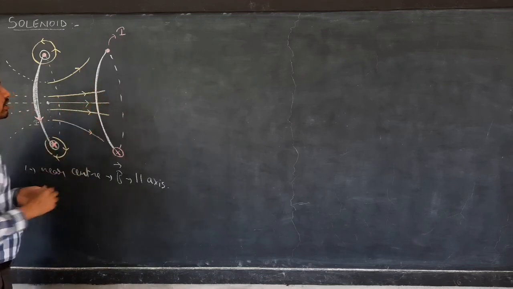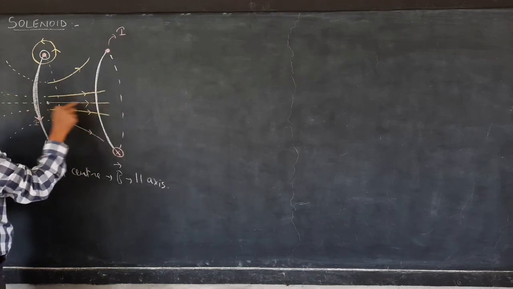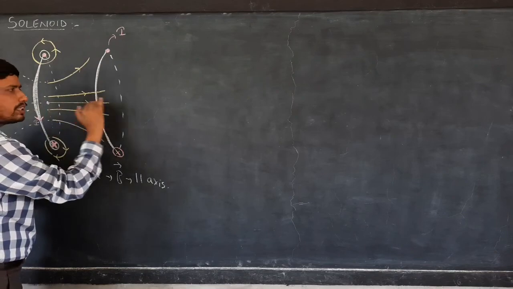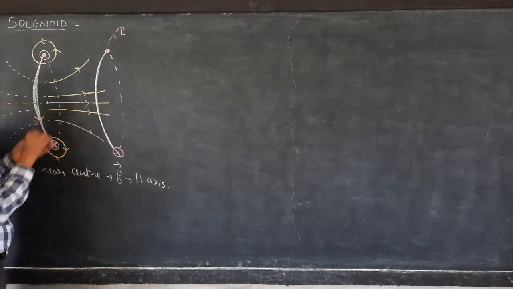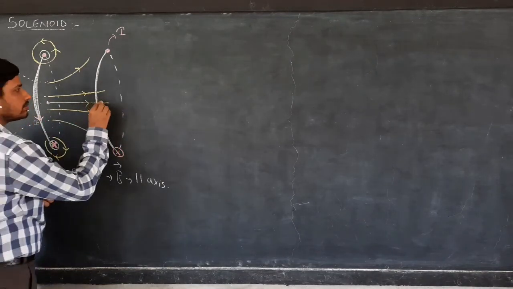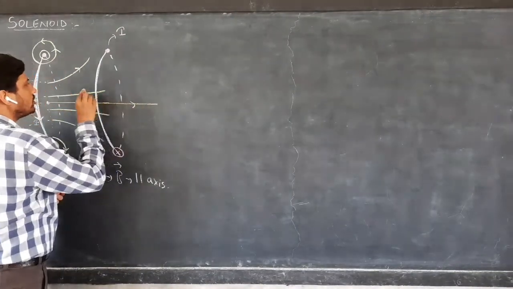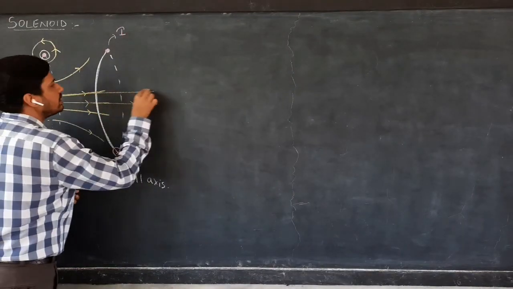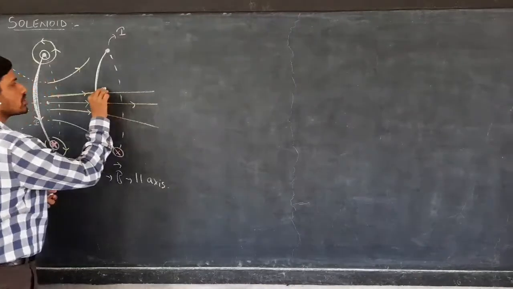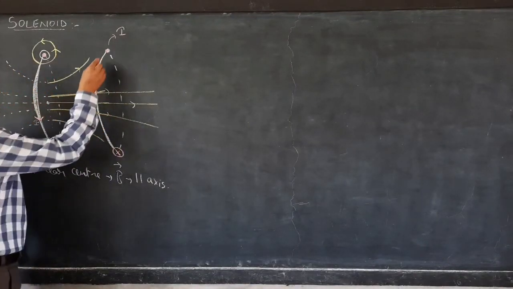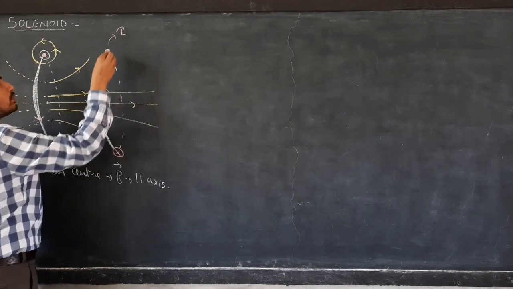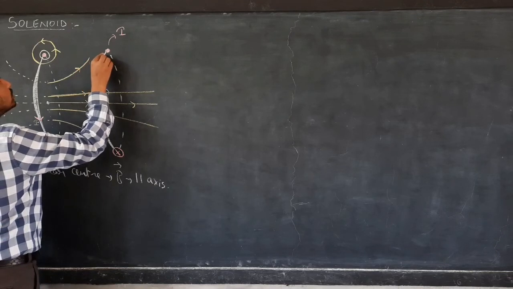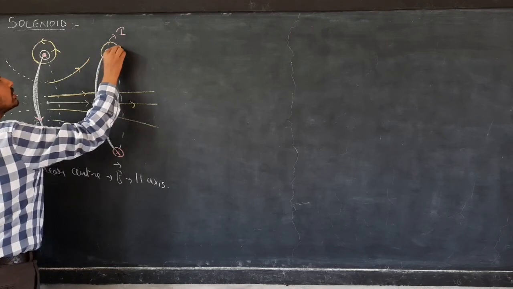And for the combined magnetic field pattern near the center, we assume they have a common axis. So the net magnetic field will just add up. So they will almost be straight lines near the center. Center में almost straight lines ही रहेंगे. But as you move away, its magnetic field line will also be like so. ये कुछ इस प्रकार का रहेगा.